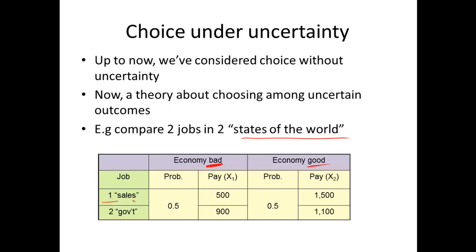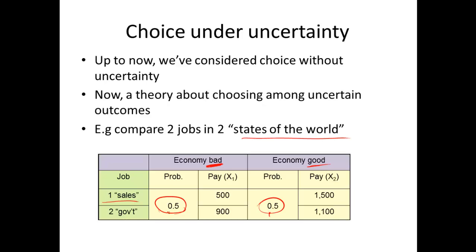So the first job we'll call sales, and that word is just meant to suggest that it's sort of risky. Now the possibility that the economy is bad, let's say that has a probability of 0.5. That's not a job-specific feature, that's just about the macroeconomy, whereas the probability that the economy is good is also 0.5. These 2 things sum to 1. Either the economy is good or it's bad.